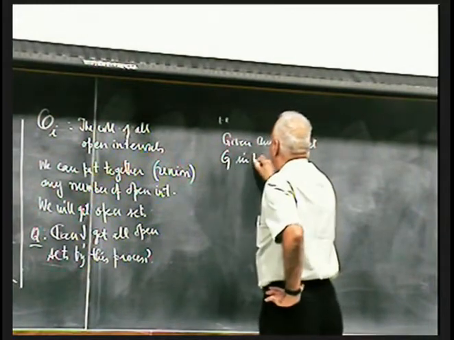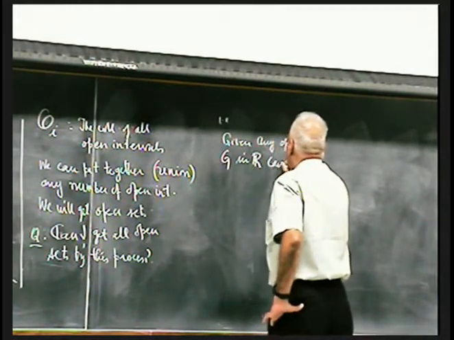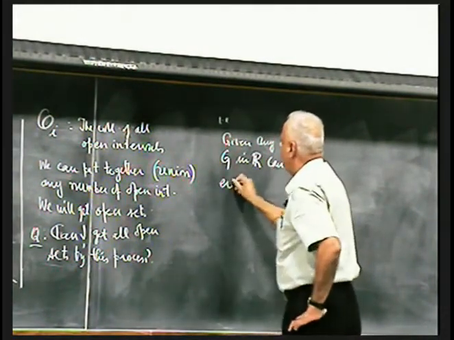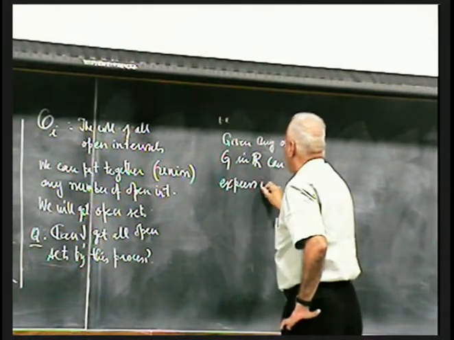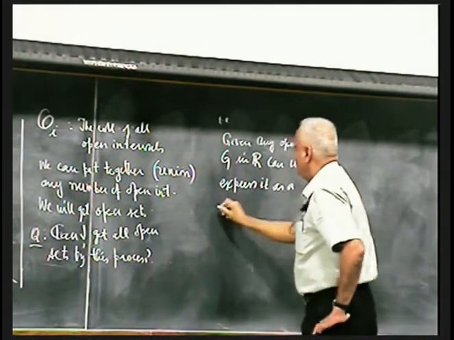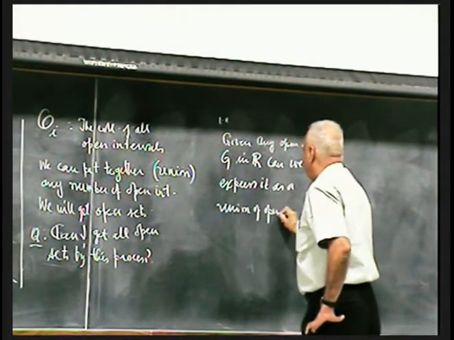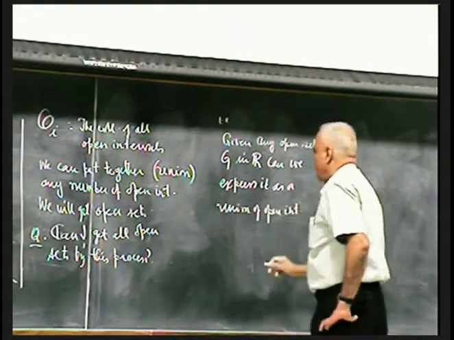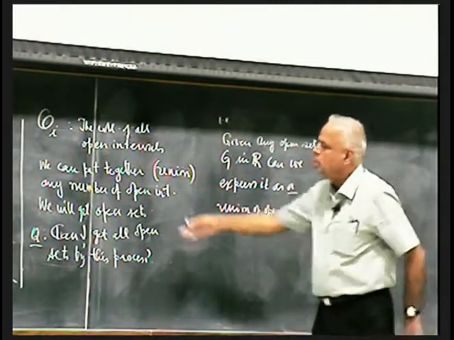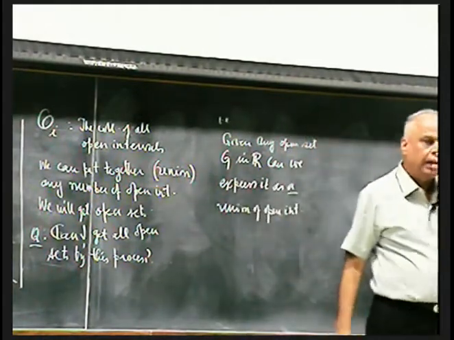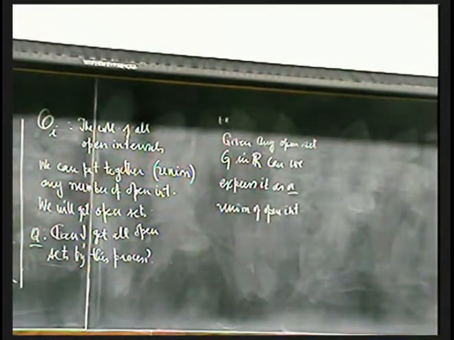Okay, can we express it as a union of open intervals? When I say a union, I can put any union. It can be finite, countable or uncountably infinite, because that is allowed, and still you will get only open sets.